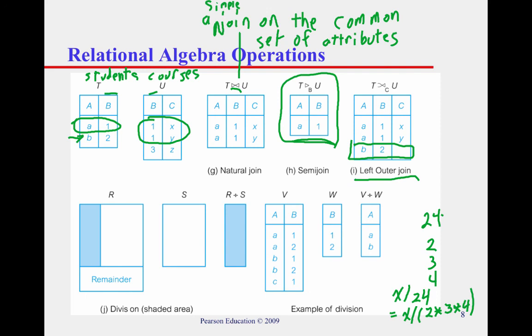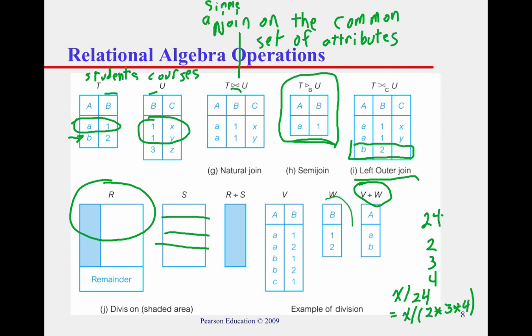That's kind of what set division is like. It's saying that if I say r divided by s, the only way something from r appears in the result is if it matches every single tuple in s. So here, it's an example, v divided by w.